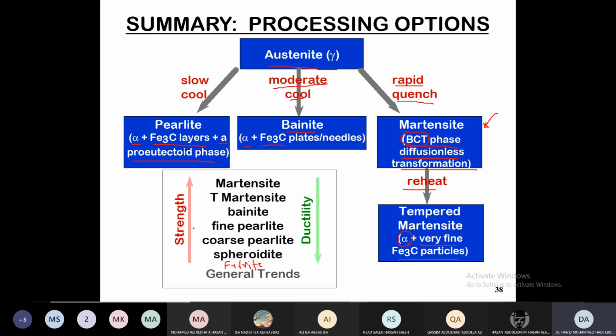Then, if you go in this direction, the strength of the phases increases. Ferrite is the softest, then comes the spheroidite, then the coarse pearlite, then the fine pearlite, then the bainite, then the tempered martensite, then the martensite. So as you go in this direction, you have higher strength and higher hardness at the same time. And as you go down, you have more ductility, as you could see with the direction of the arrow which we are showing here.